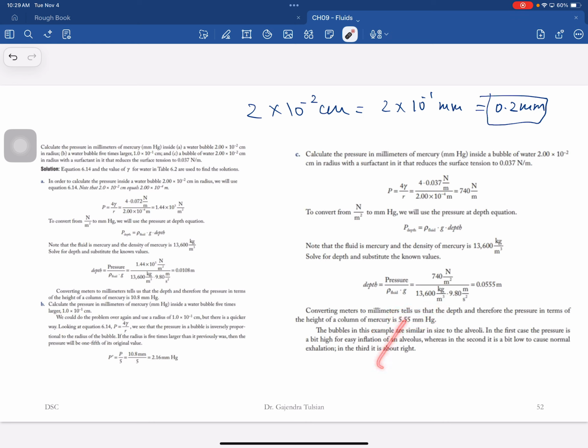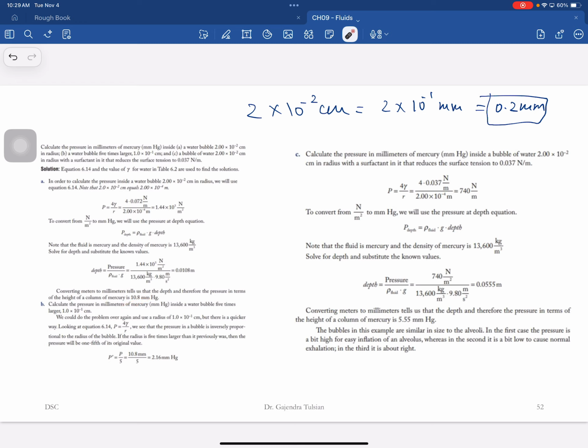The bubbles in this example are similar in size to your alveoli. In the first case, the pressure inside is a bit high for easy inflation. So if you had no surfactant, the pressure inside is that high, and it's harder to inflate the alveolus. Your pressure would need to be greater than that to inflate the alveolus.